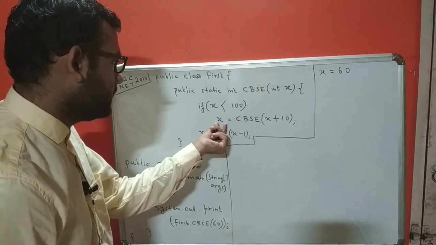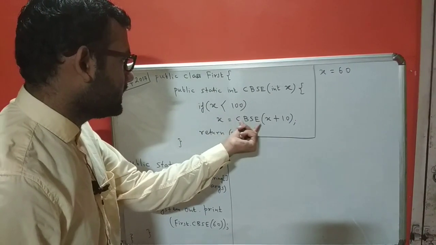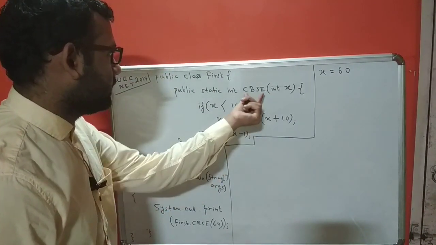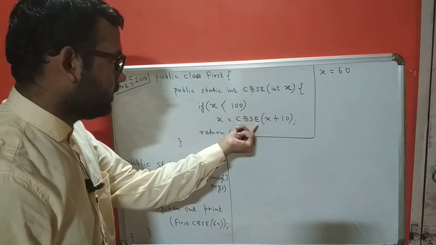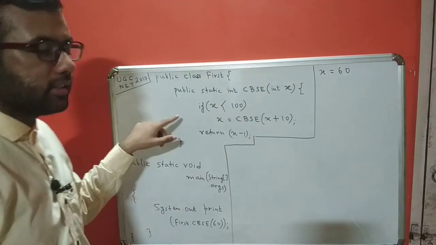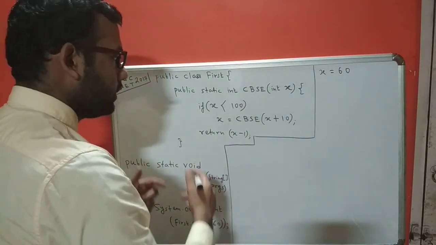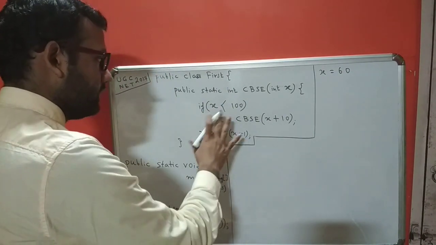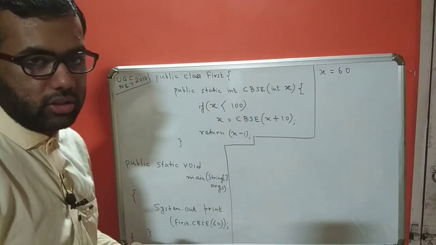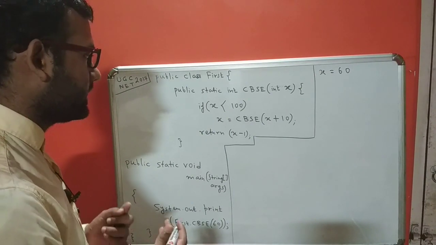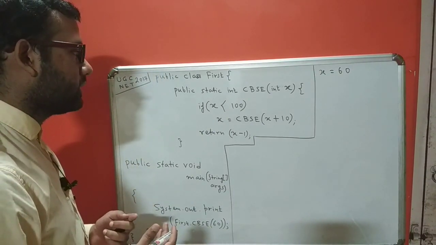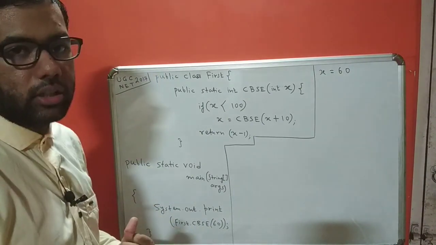Now, this statement is again calling cbse. So, the function is calling itself, and such functions are known as recursive functions. In order to trace the output of this function, we need a data structure called stack. So, how does a stack operate? A stack operates using the last in first out principle.